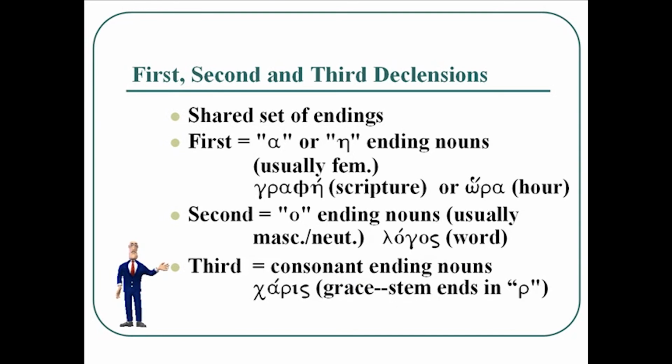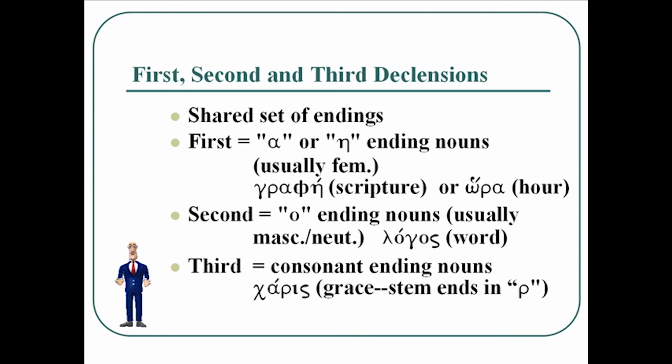Third declension nouns we'll study a little bit later, and these are consonant-ending nouns. They're nouns that end in a consonant, and their morphology or forms are a little more complicated. Choros is an example of this. The stem ends in a rho, and so the stem ends in a consonant. It's a third declension noun.